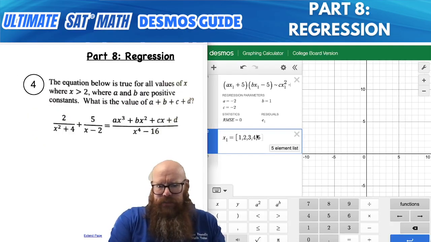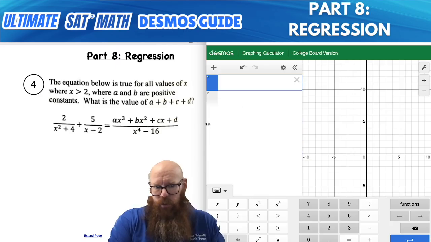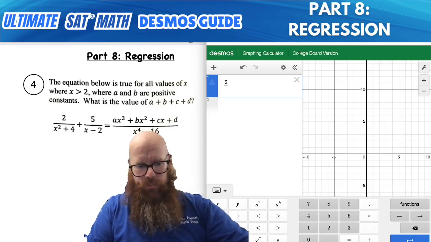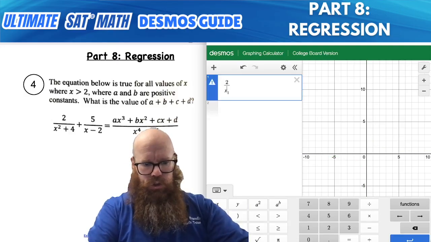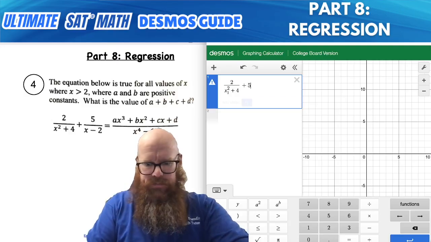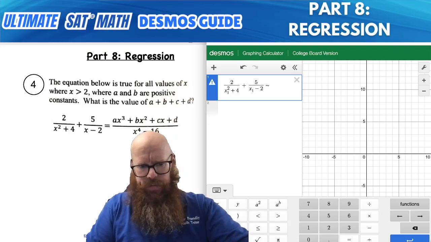All right, let's move on to our last problem. So here we have 4 constants. Let's do 2 over x1 squared plus 4 plus 5 over x1 minus 2, tilde.